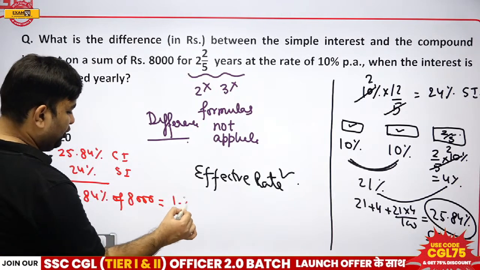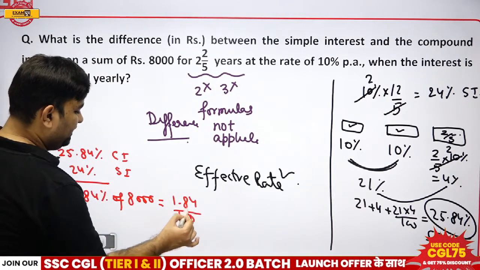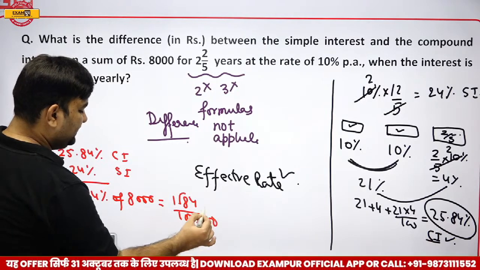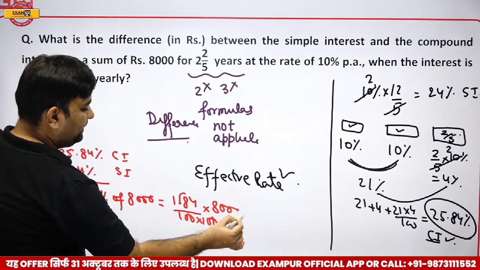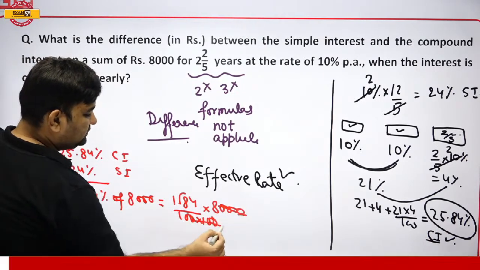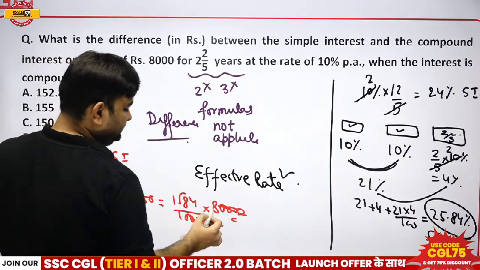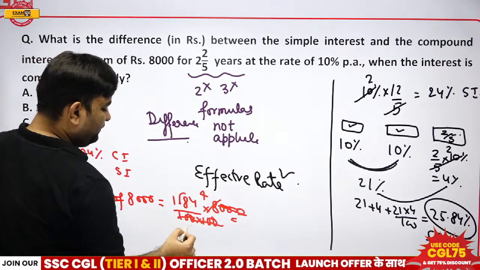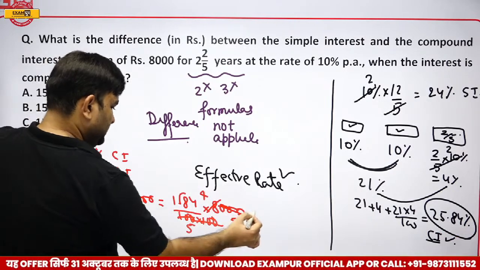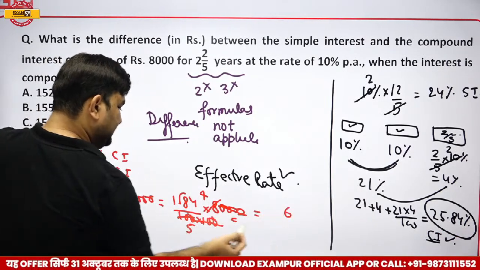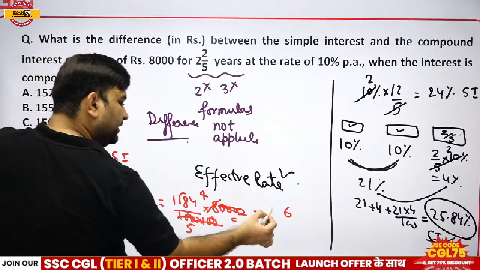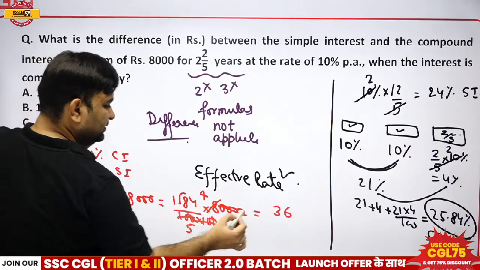So 1.84 divided by 100, with 2 more zeros, multiplied by 8,000.